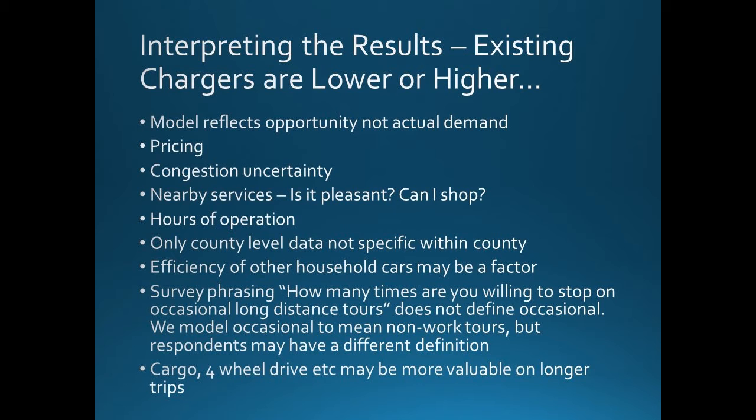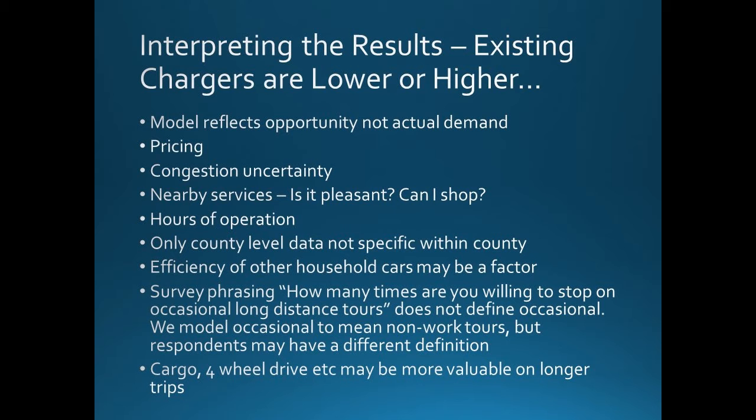Some people may actually make more effort to go to the free charger, and some of these estimates of how many times people want to stop may be skewed one way or the other. You're going to get different demand based on the price difference of a fairly similar location charger. This has happened in a couple places. Vacaville is one example where there's a free charger next to a paid charger.